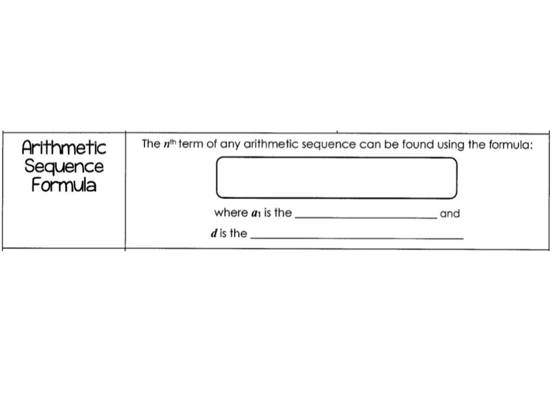All right, the cool thing about arithmetic sequences is that we have a formula to find the nth term. This is a formula we need to memorize. In order to find the nth term of any arithmetic sequence, we can use this formula. We say the nth term equals the common difference times the term number minus 1, plus the first term.